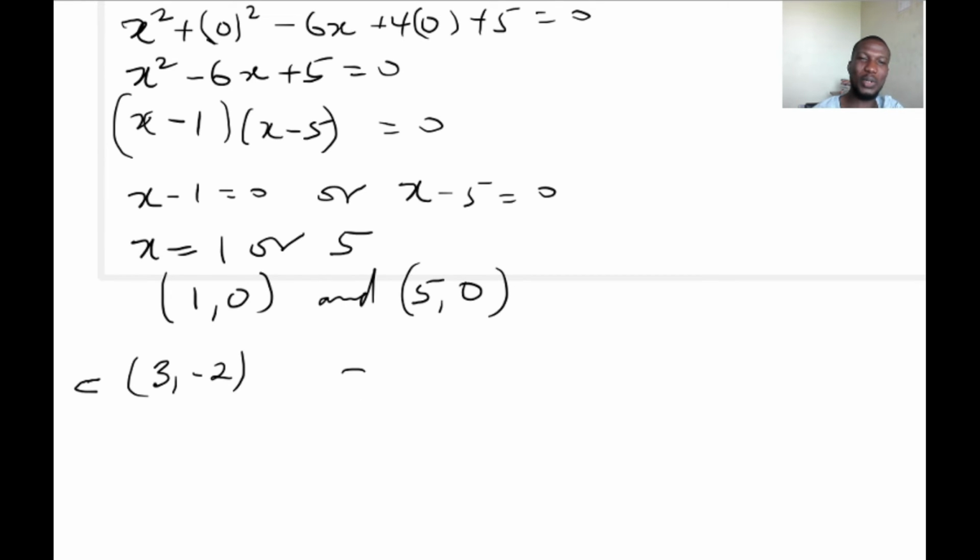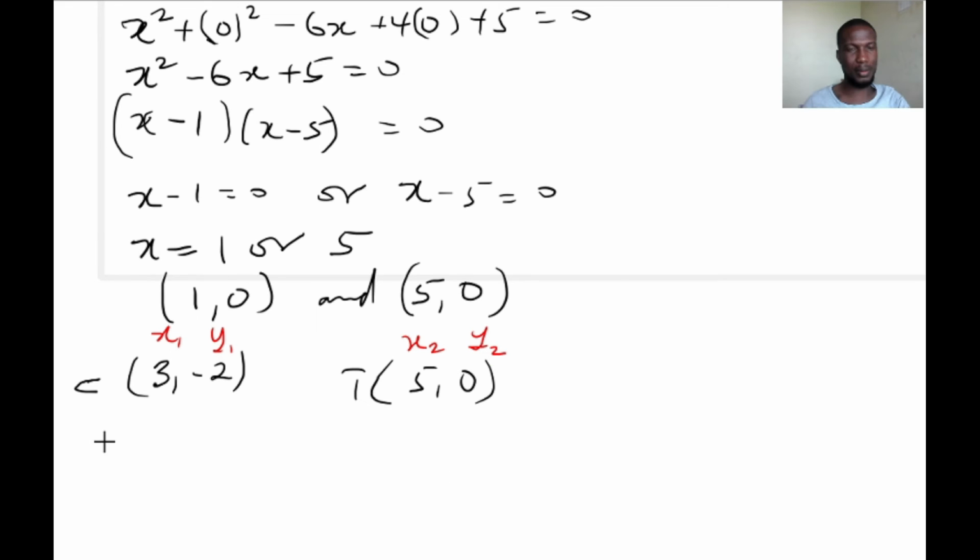And I'm using the point (5, 0), which is point B from what we saw on the GeoGebra app. This will be x1, y1, and x2, y2.